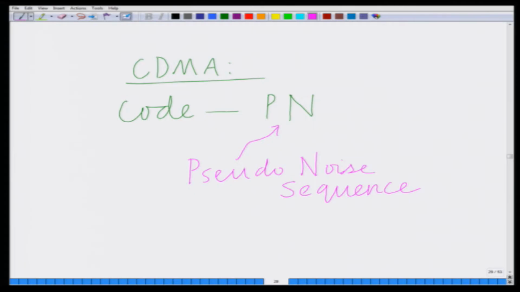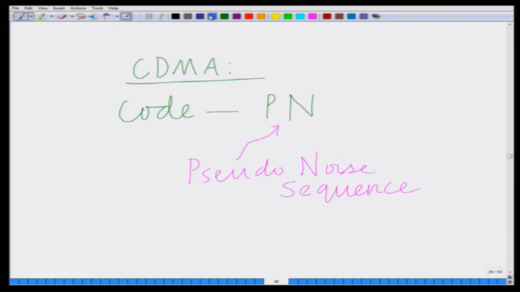It looks like a random series of plus ones and minus ones. This is generated as a PN sequence, or a pseudo noise sequence, and this is generated using an LFSR structure, which stands for a linear feedback shift register structure.